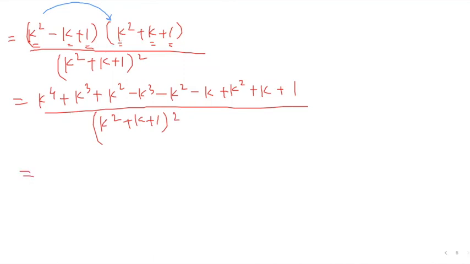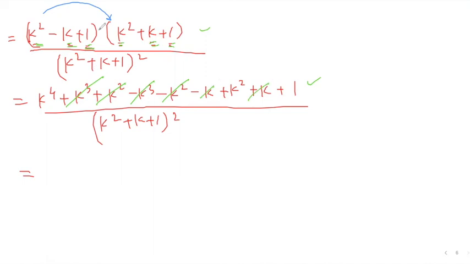So I can cancel away a few common terms here. You're okay with how we got the numerator, right? This is just basically multiplying all these terms with each other. Yes, sir. So that's k cubed and k cubed cancel, k squared and k squared cancel, k and k cancel.